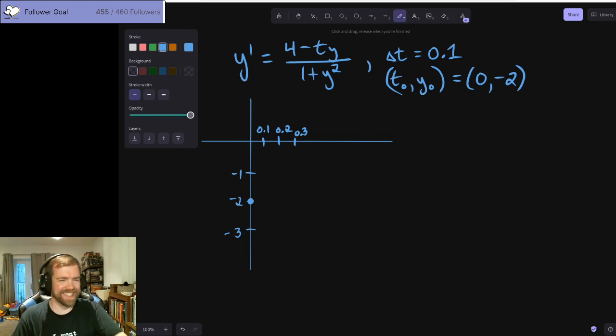Let's see here. So it's 4 over 5. I think that's 4/5. Am I not mistaken? -2 squared is 4, plus 1 is 5. And since t is 0, the numerator will be 4. 4 minus 0 times -2, which is just 0. So my slope is going to be 4/5, which is going to be a positive slope.